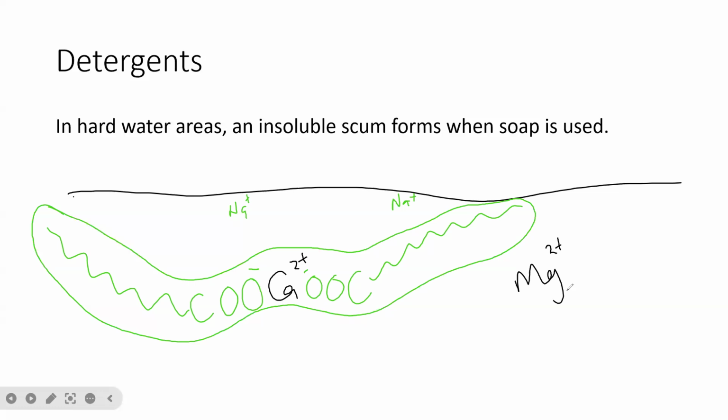For example, assuming we are using stearic acid, the soap will come in as sodium stearate. But when it comes in, sodium will leave the soap and go its way. Then the stearate will combine with calcium, which is present in hard water. Remember once more that what causes hardness in water is calcium and magnesium ions. So the same thing happens here. This one too will grab its own.